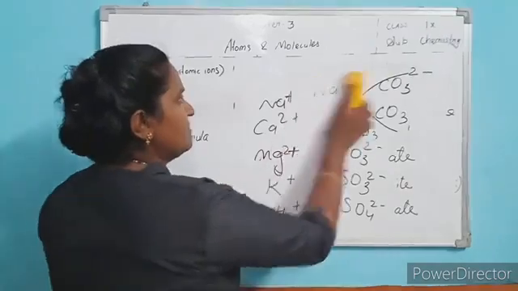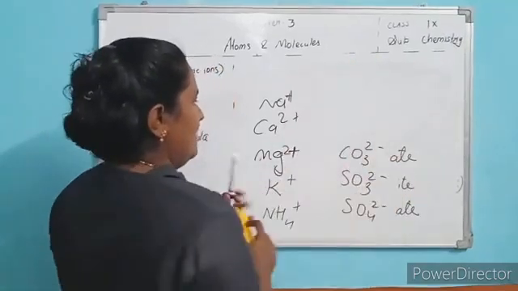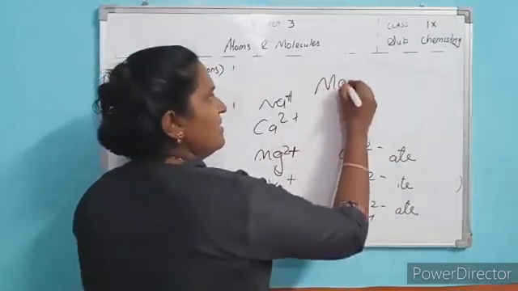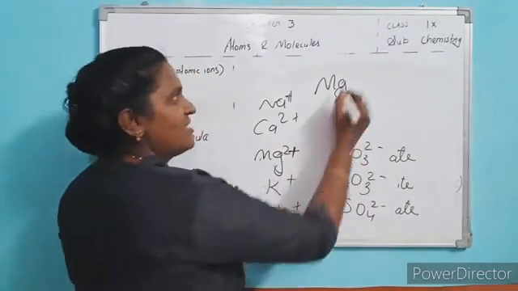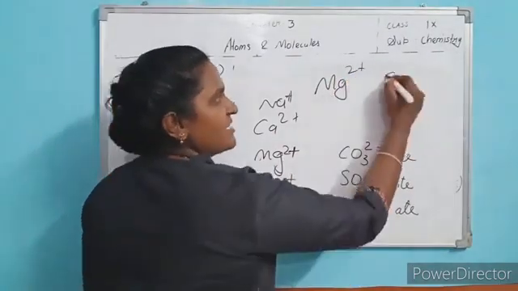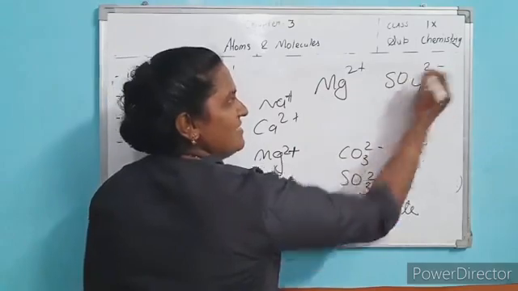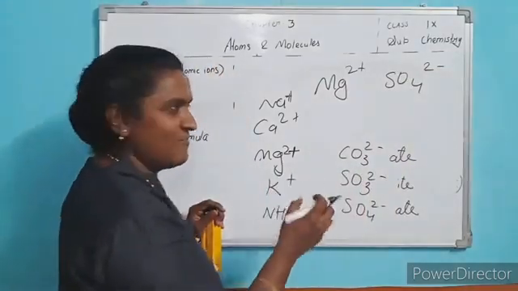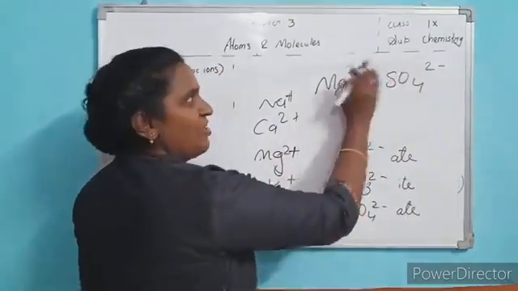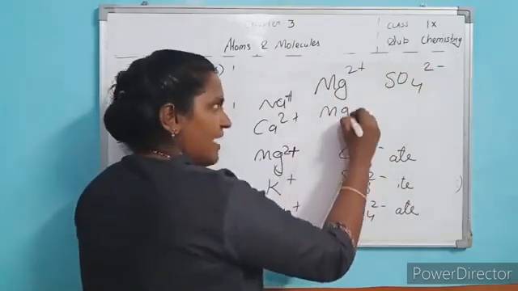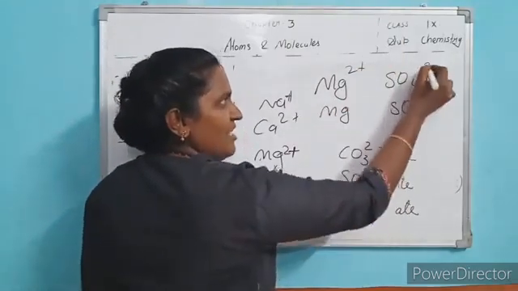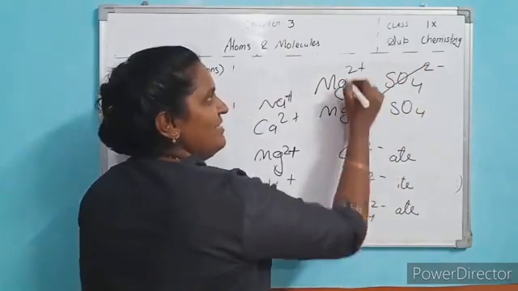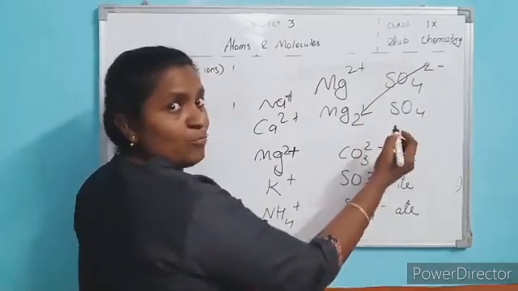The next one is magnesium sulfate. Magnesium is Mg 2 plus, sulfate is SO4 2 minus. How will you write the formula? First you write the symbol with valency, the top one is valency. Again you write only the symbol. Now crisscross. This 2 here. Here there are 2 elements, this is polyatomic, no?